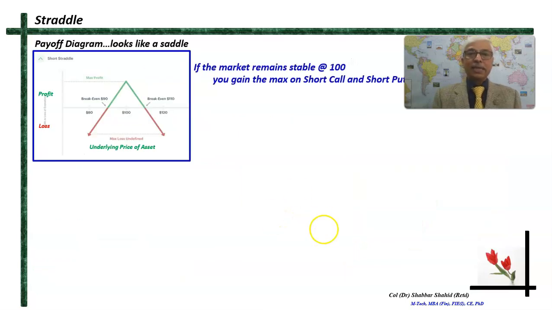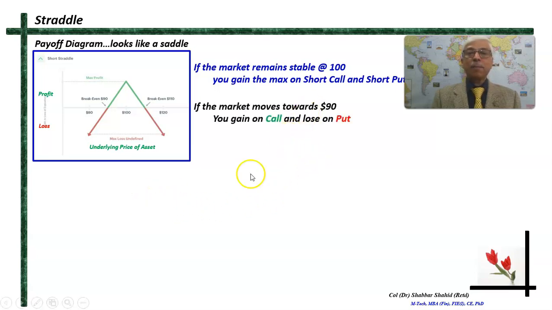All right. Now, if the market remains stable at 100, then you gain maximum on your short call and your short put because you have sold, isn't it? So if the market does not move, you will retain that premium. You will gain the maximum. But if the market moves towards 90, if it starts moving to the left here, then you will gain on your call.